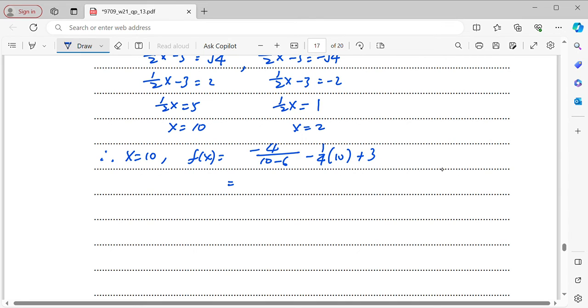So here is going to be minus 1, then minus 5 over 2 plus 3. Then it will be negative half. So the other stationary point equals 10 and negative half.